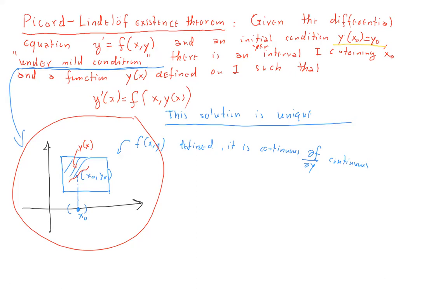Now, there is another interesting part to this whole discussion that was initiated. First of all, there are a couple of things to discuss here as to how general this statement is. So take a look at the kind of equation that I told you that we have here. It's y prime is equal to f of x, y.